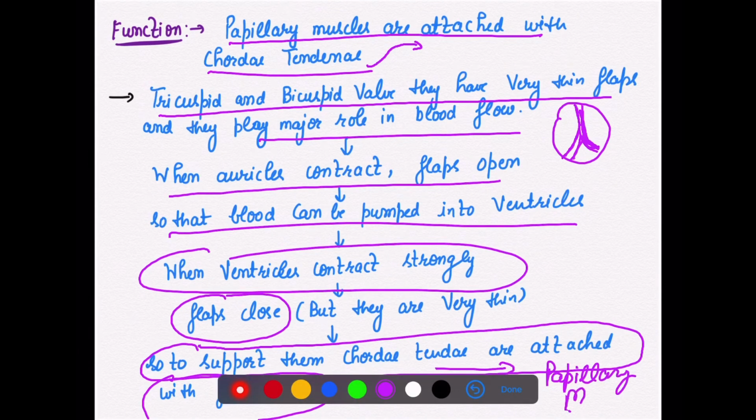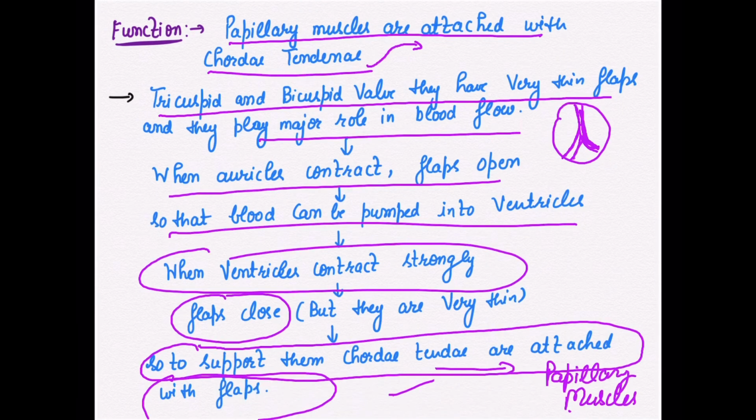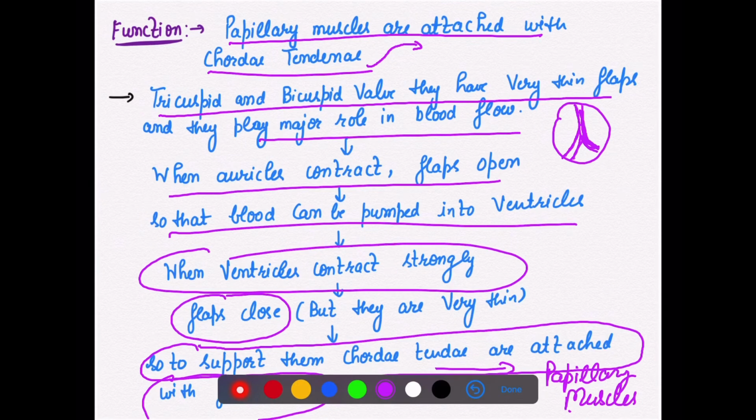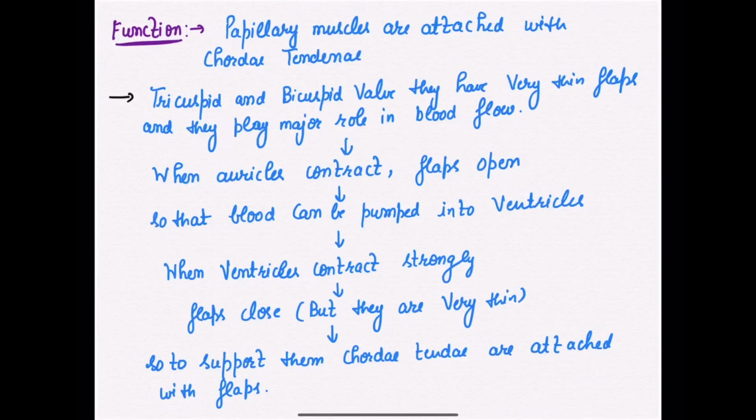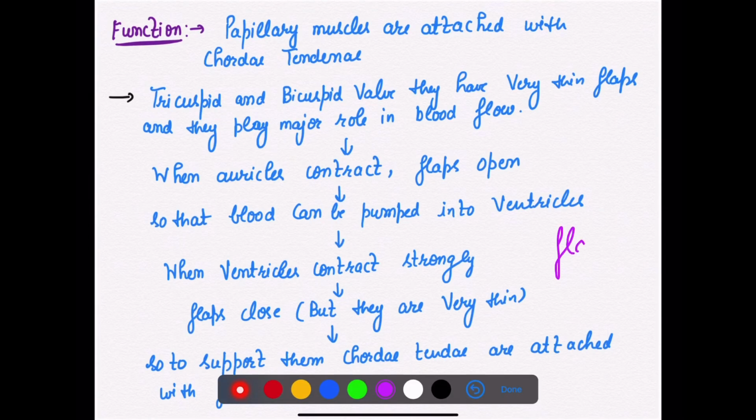So papillary muscles help them attach with the valves. Basically their function is to support flaps of the tricuspid and bicuspid valve.